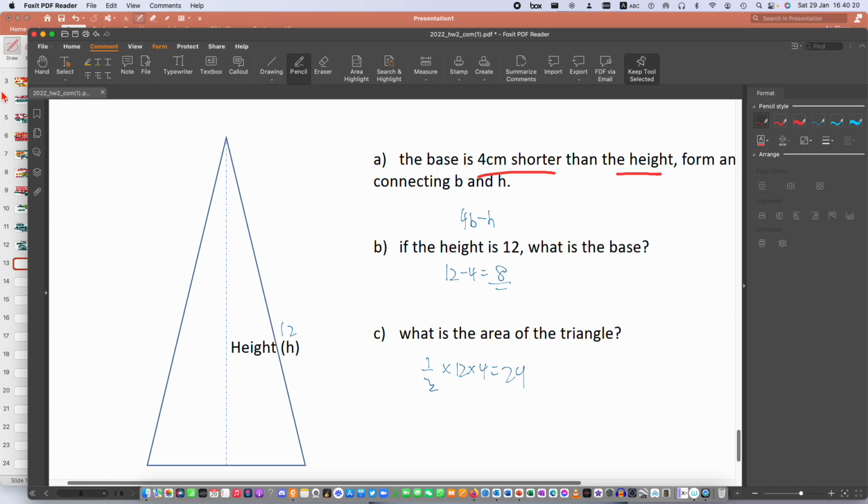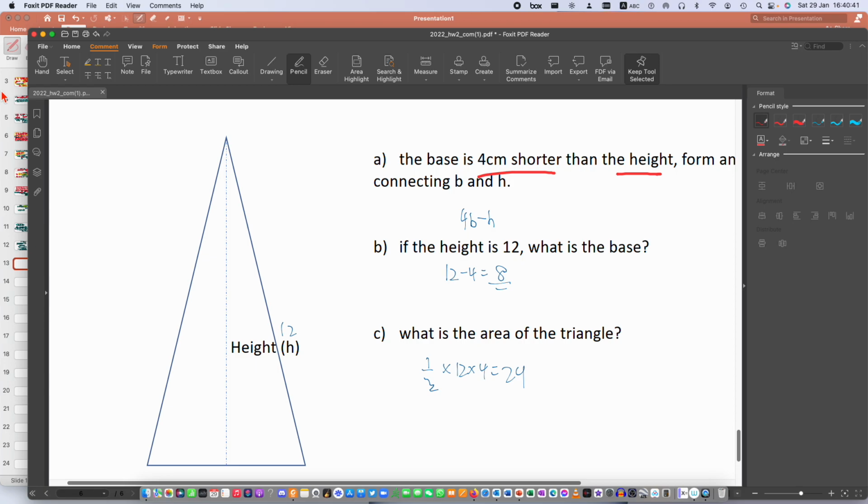Can you create another triangle yourself, such that the difference is 4 cm? So is the height longer or the base longer? The height is longer.